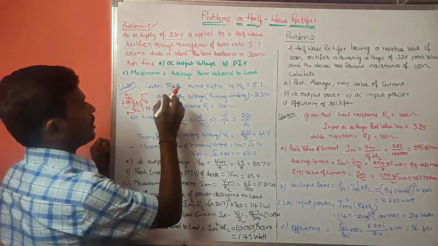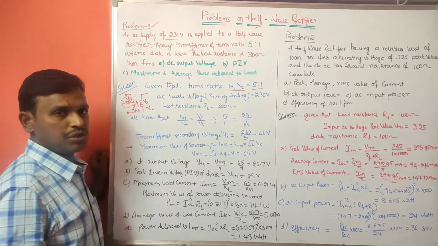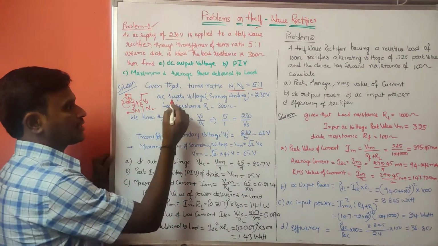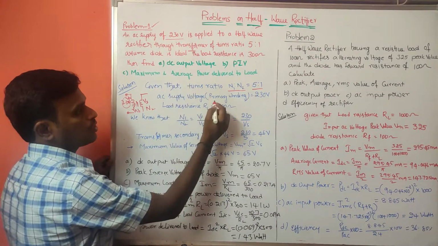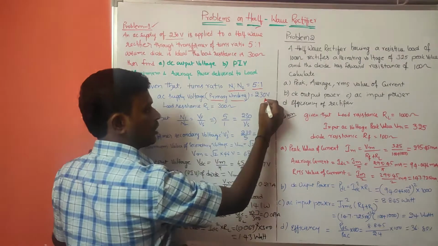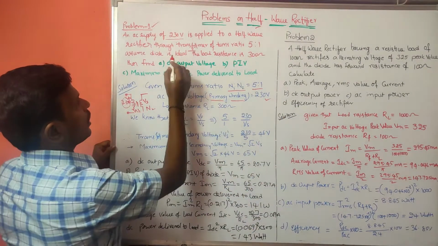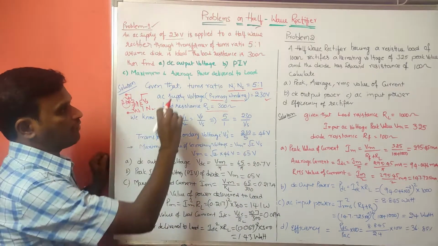Here N1 is to N2 is equal to 5:1, the turns ratio. Next, the AC supply voltage given is 230 volts, which we consider as the primary winding voltage. And the load resistance is given as 300 ohms. So this is the given data.